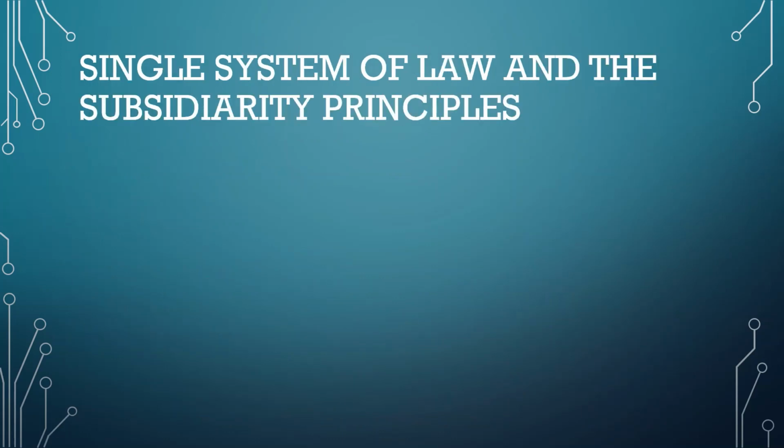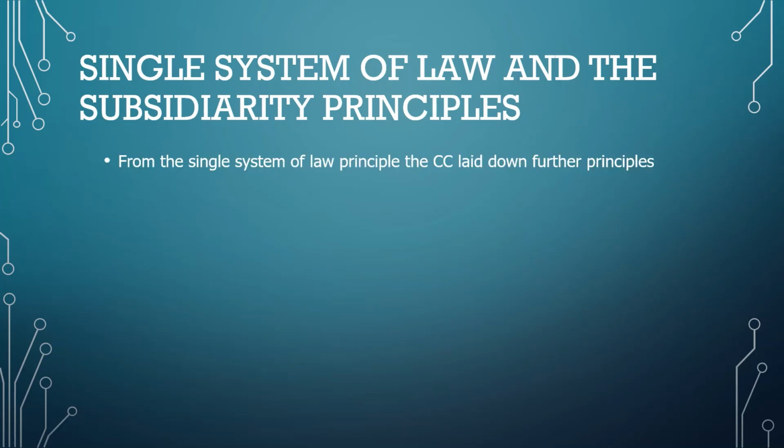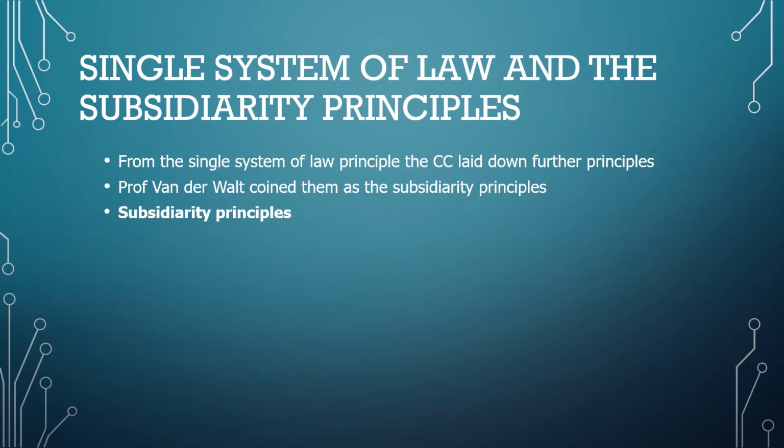From the single system of law principle, the Constitutional Court, in a series of subsequent cases, laid down further principles. Professor van der Walt coined these principles as the subsidiarity principles, and he also then developed them further. Now, what do the subsidiarity principles entail?